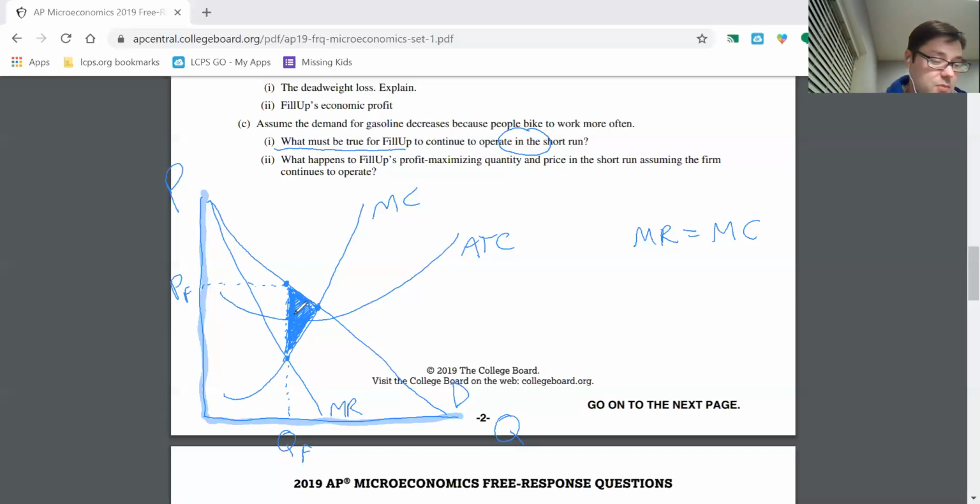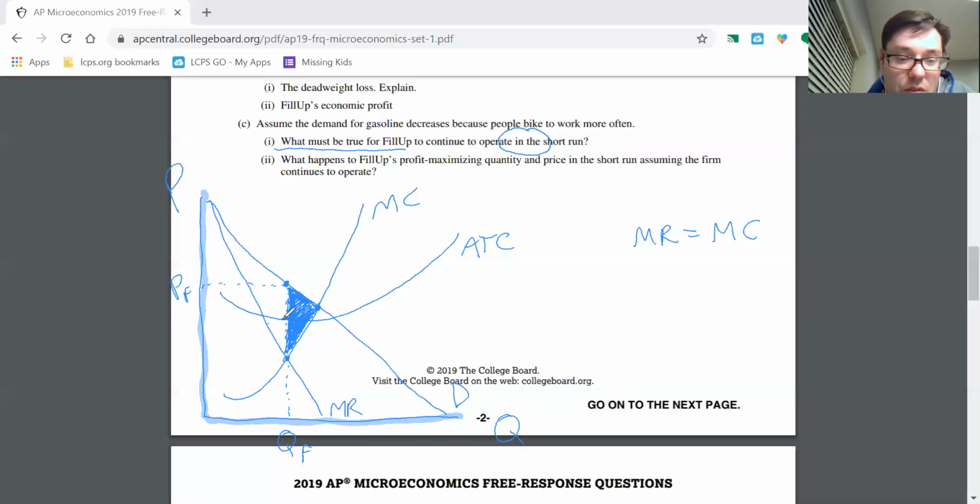All right, and then the last part of this graph, they ask you to label another point, Q sub Z, the point where this fill-up firm has zero economic profits. So when you calculate profit, you take the quantity that the firm is producing at, and let's just draw the initial profit.